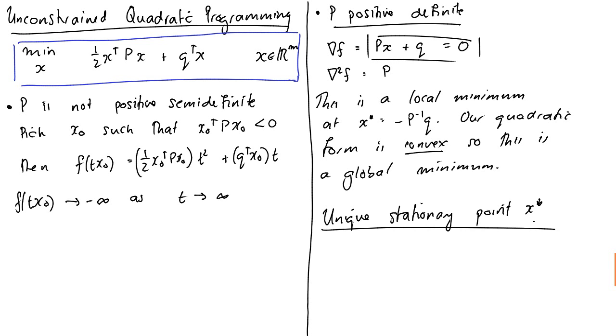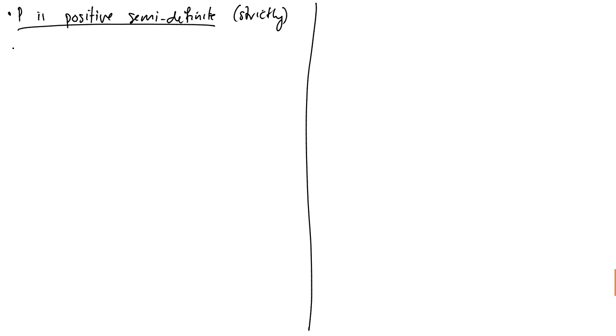Okay, next case. We've done positive definite. We've done not positive semi-definite. The last case we need to look at is if P is positive semi-definite, and I'll say strictly, and that means that there are some x's such that x transpose Px is equal to 0.